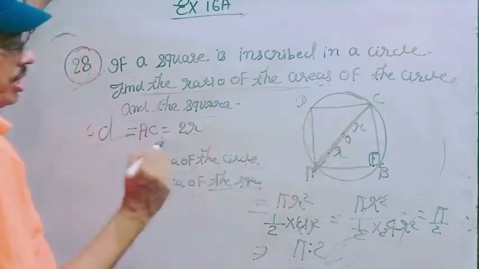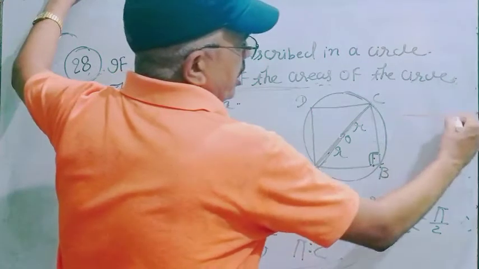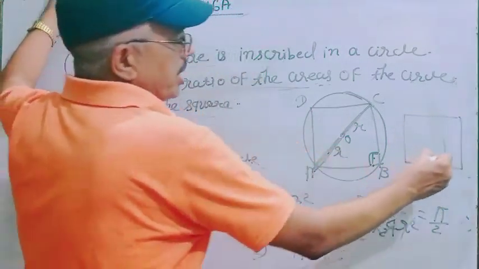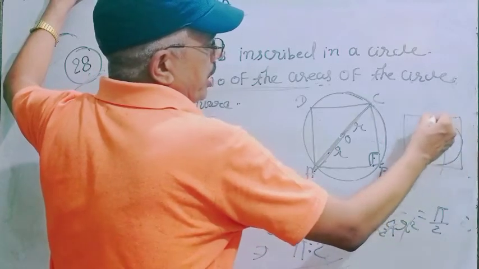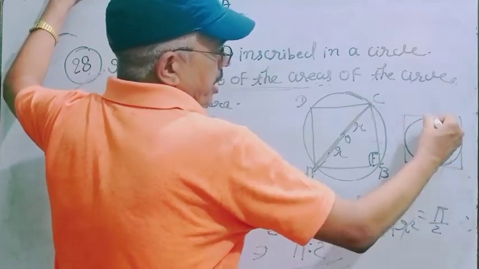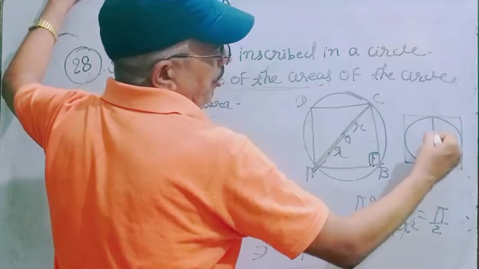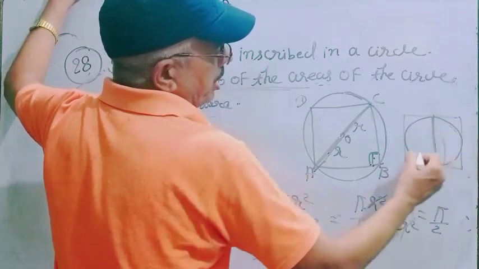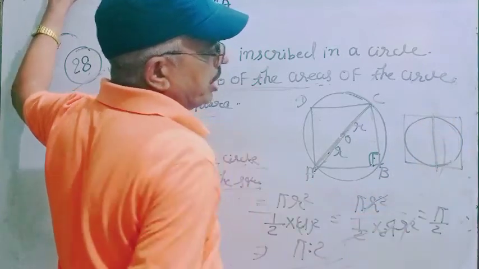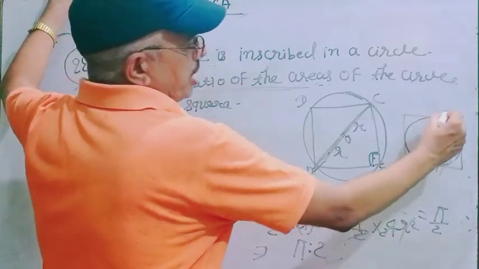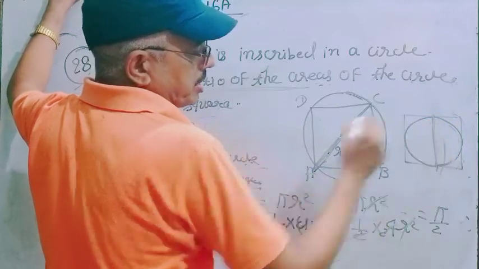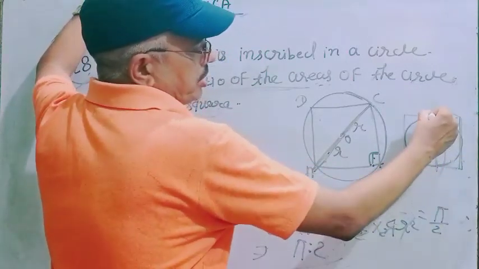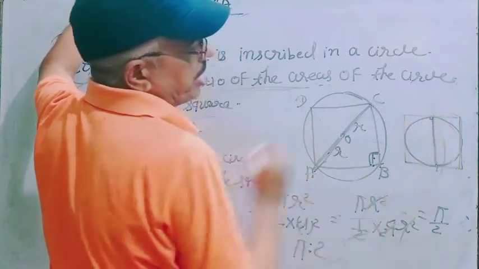Otherwise, if your question says that the circle is inside the square, then the diameter of the circle is equal to the side of the square. If the square is outside and the circle is inside, then the side of the square is equal to the diameter of the circle.